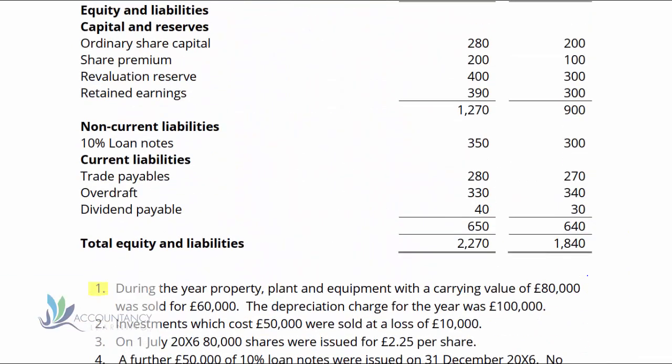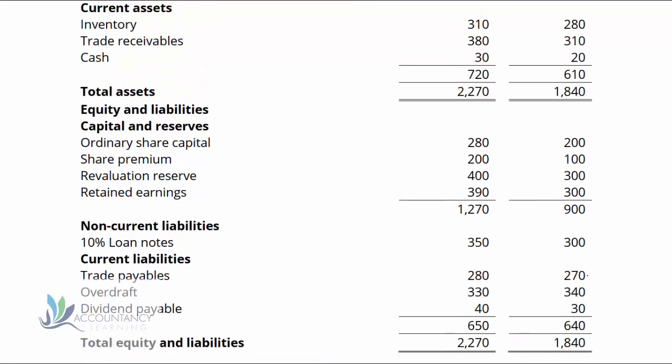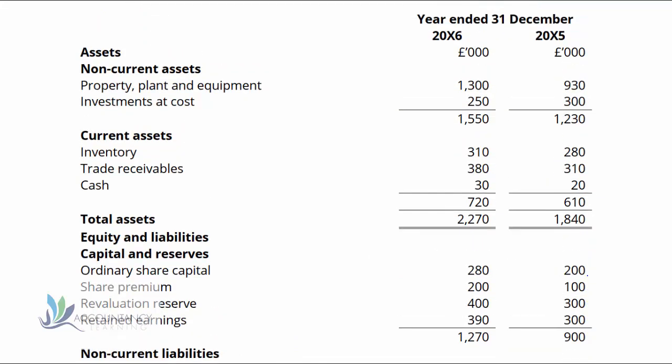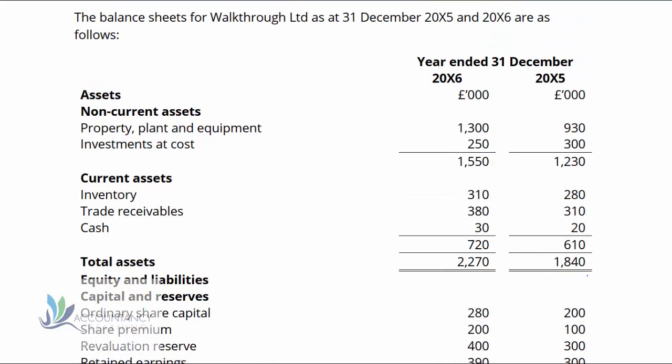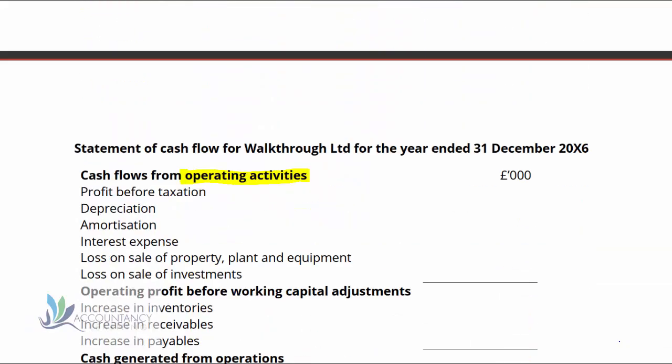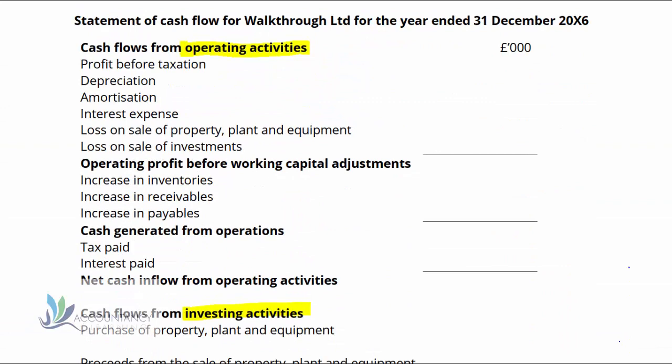So let's have a look at the information. We're presented with the 2 balance sheets and with our cash flow statement, and our technique should be to work through the balance sheets line by line and to make sure that we've included all of the numbers from the question. Some people are tempted to start their answer by working through the cash flow statement line by line.